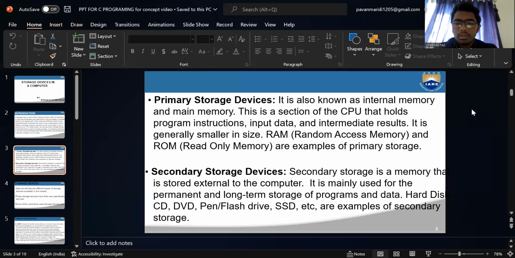In primary storage, we can store the data for a short span of time, but in secondary storage devices, we can store the data for a long time period. So for this kind of storage, we are using hard disk, CD, DVD, pen drive, or flash drive, SSD.